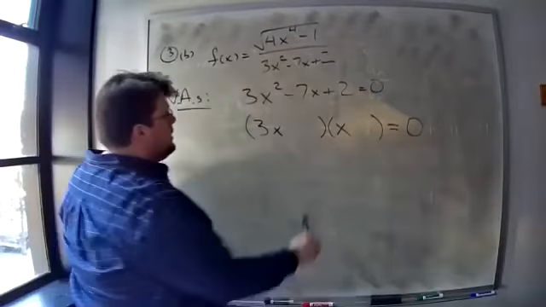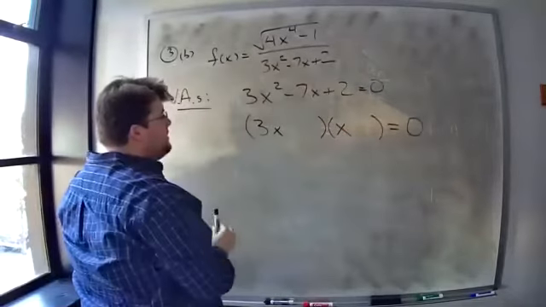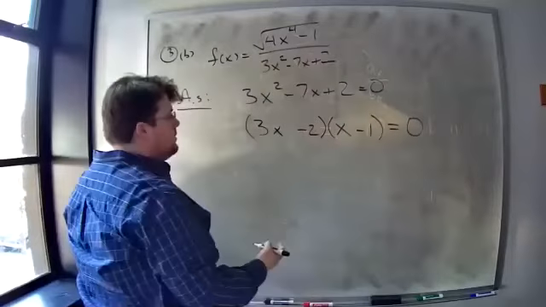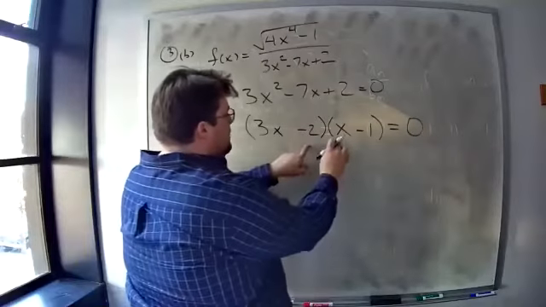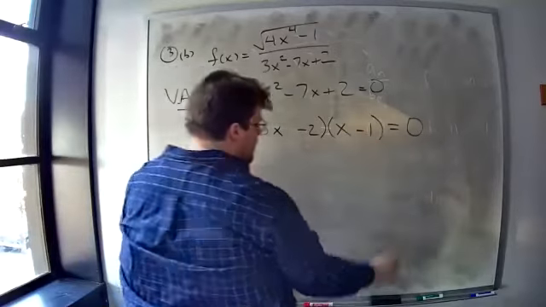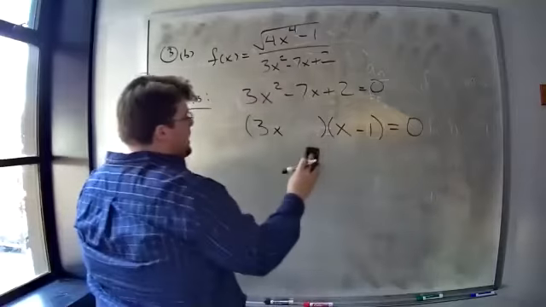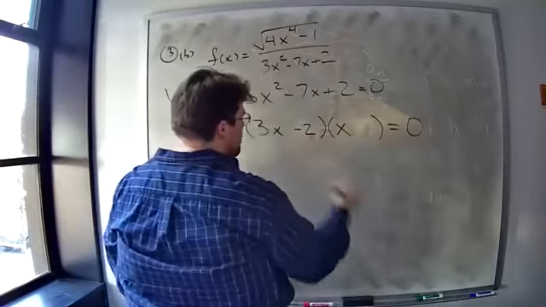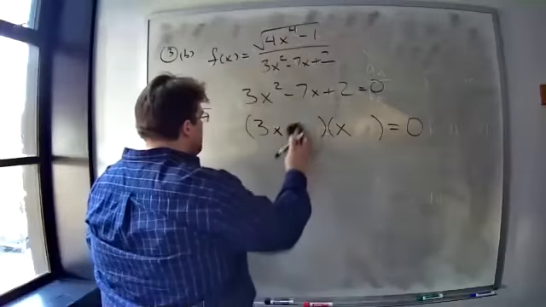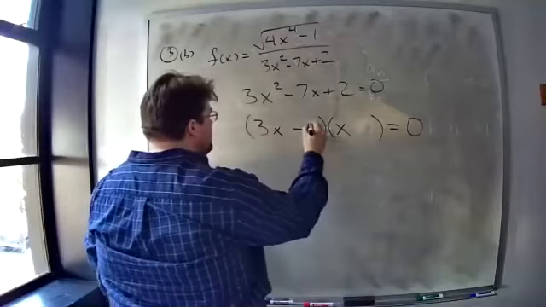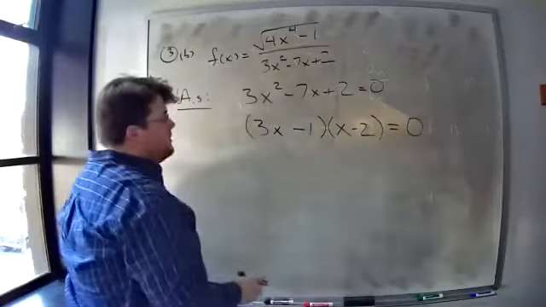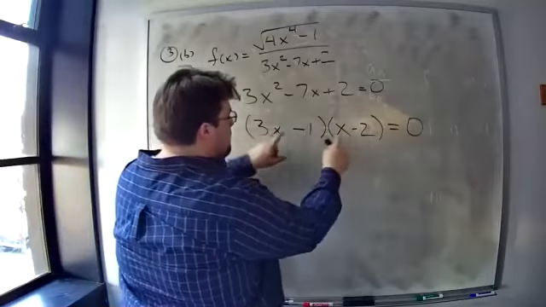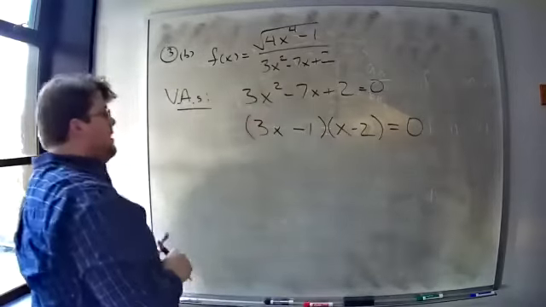How does it factor? Well, we need to make a positive 2 and a negative 7. If we do this, well, that's not going to work because it makes a positive 2, but it makes negative 2 minus 3, negative 5. And negative 5 is not negative 7. But if we do this, oh, that's what I did. If we do this, these multiplied give a negative 2, and the middle term would then be negative 6x minus x, making negative 7x.